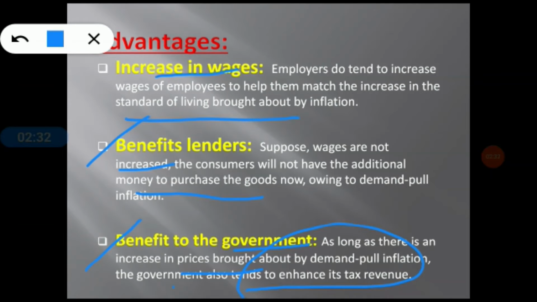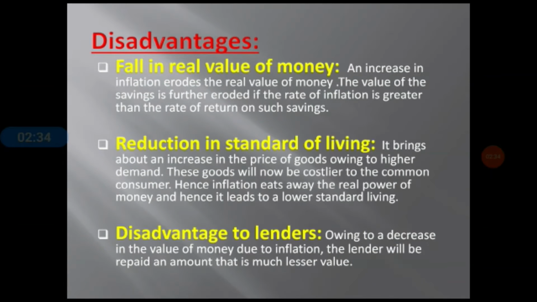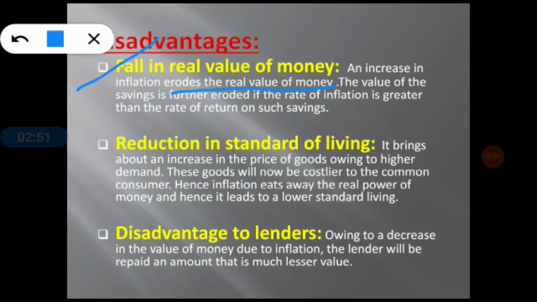So now we will go to the next slide, and here we can see there are some disadvantages of demand pull inflation. The first point is fall in real value of money. An increase in inflation erodes the real value of money. The value of savings is eroded if the rate of inflation is greater than the rate of return on such savings.